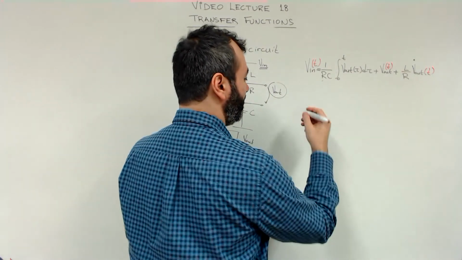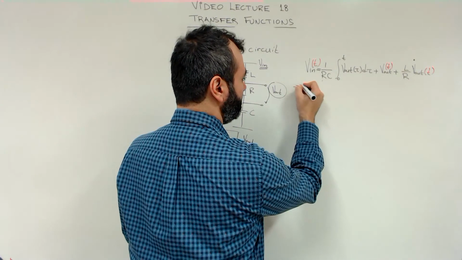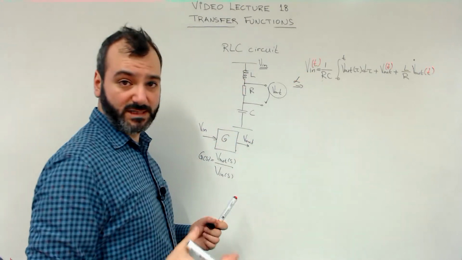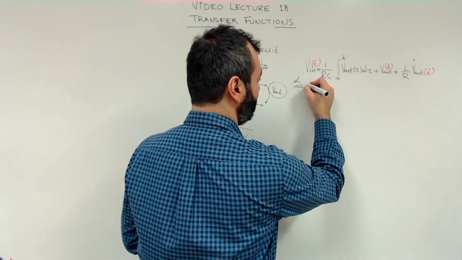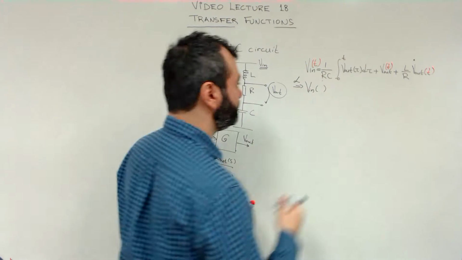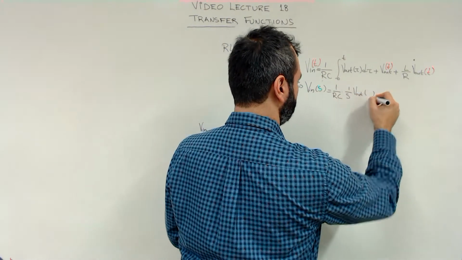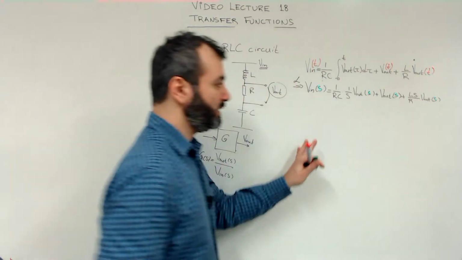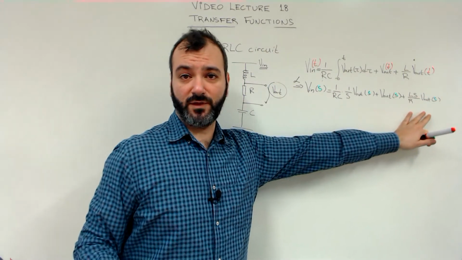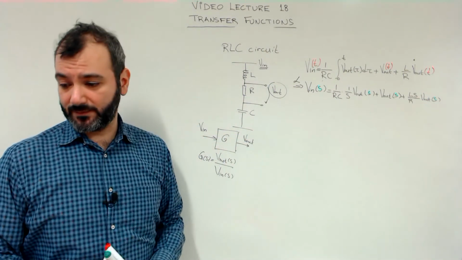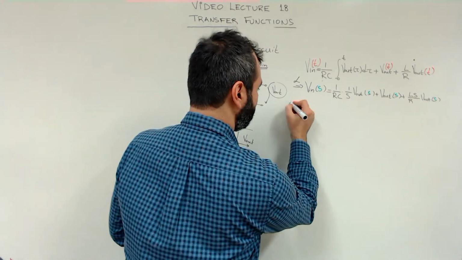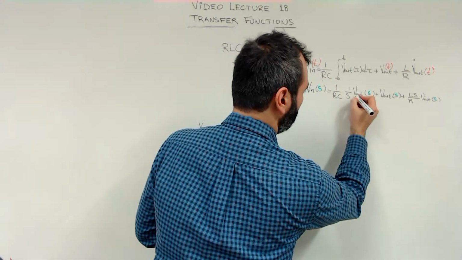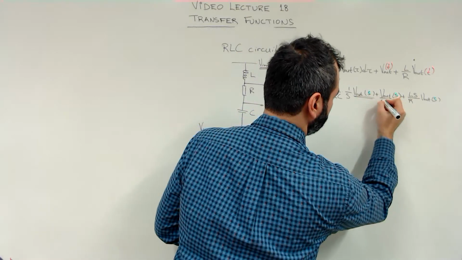So if we apply now the Laplace transform, and we assume 0 initial conditions, we have the following. Now these are all functions of the complex variable s. And now the next step is to collect all V_out(s) on the right hand side.